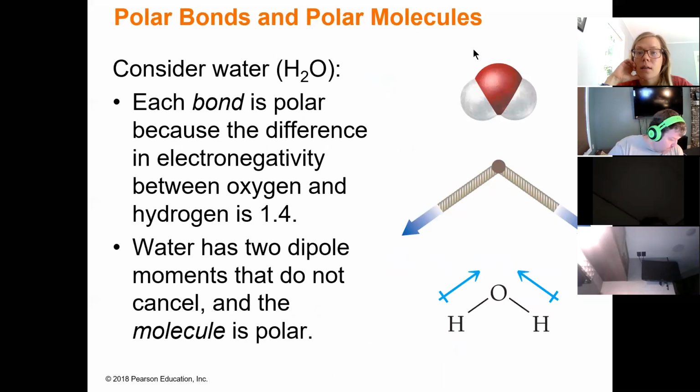So let's look at water. Water shares the electrons asymmetrically, and they didn't draw the lone pair, and I don't know why. I'm going to put them here. So there's 2 lone pairs of electrons. You guys remember that for water?